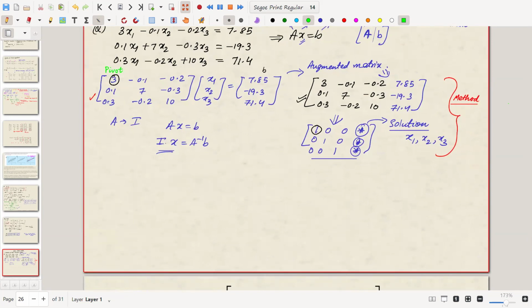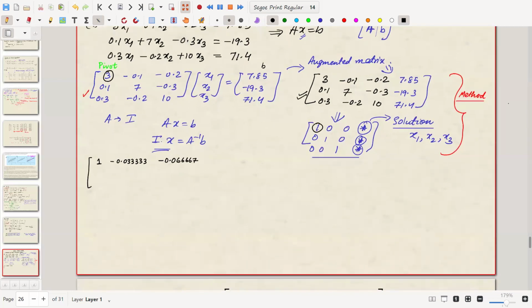If you divide by 3, you will get 1. So what are you getting here? Can you tell me? 1, then minus 0.003333, something like that, right? Then, no, minus 0.06. Okay, then what happens to the 7.85?